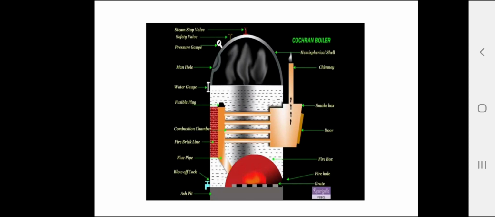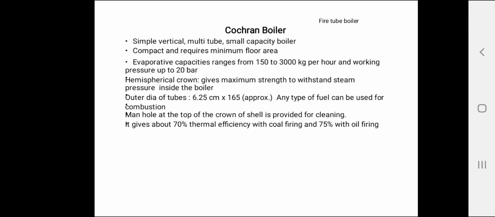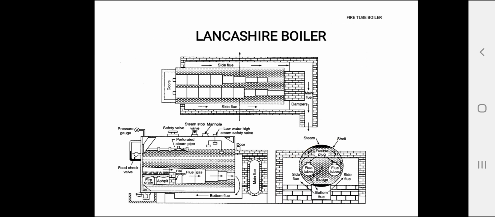One more type of boiler is the Lancashire boiler. The Lancashire boiler is also a fire tube boiler. You can see in the figure the front view, side view and top view of this boiler. There are tubes inside this boiler containing the fire. Two separate left and right furnace tubes are there.